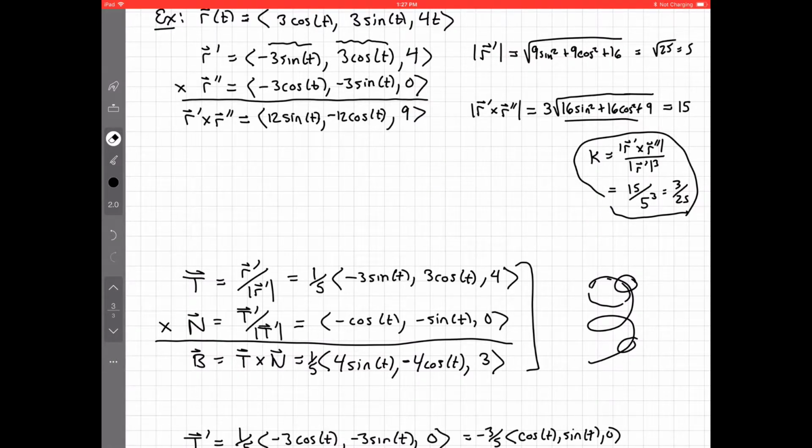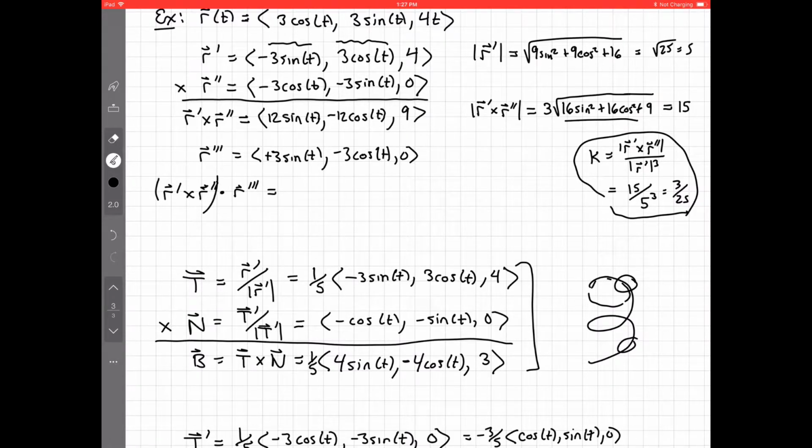All right. So for torsion, we need our r triple prime, and that would be minus 3 sine t, minus 3 cosine t, 0. And then we need to compute this triple scalar product, r prime cross r double prime dotted with r triple prime.